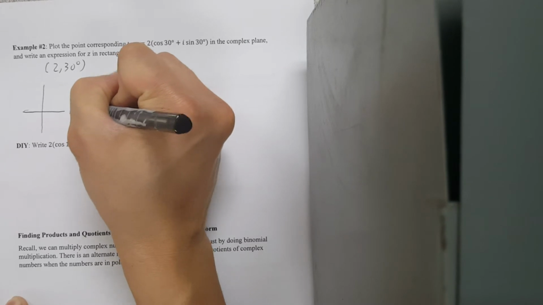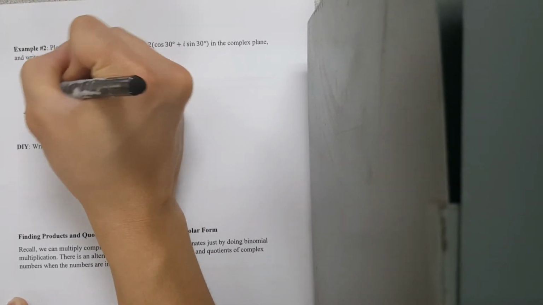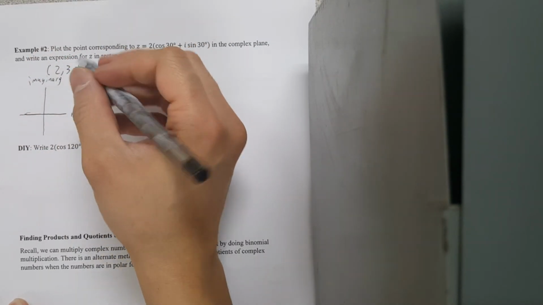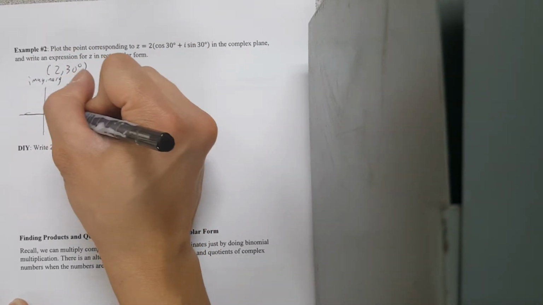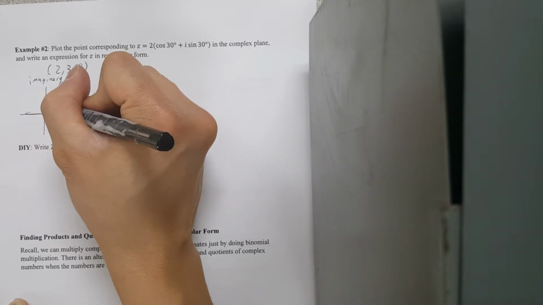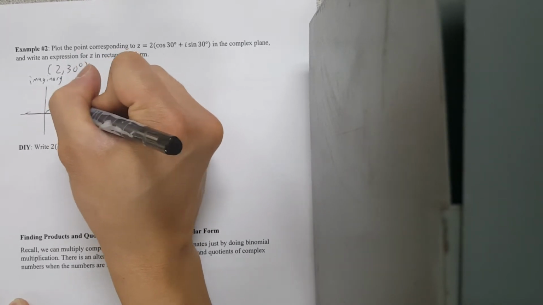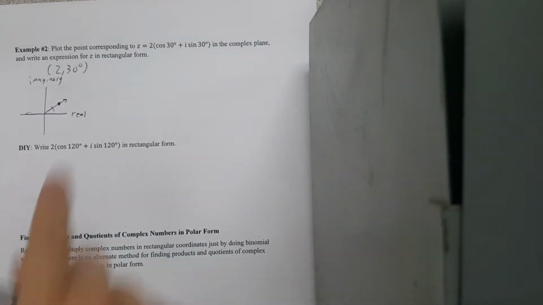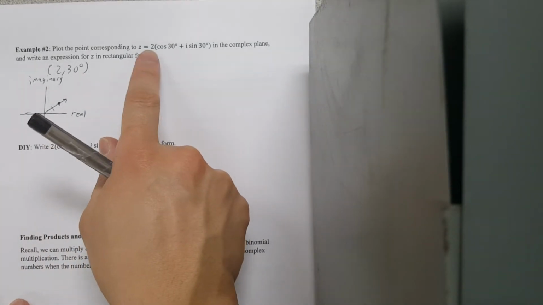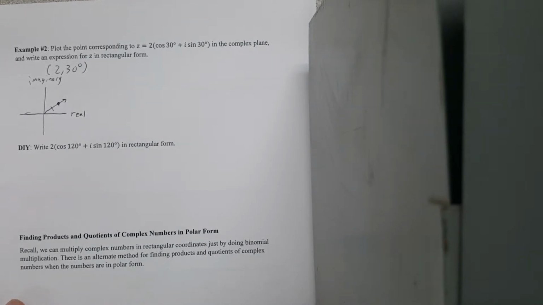We just still do the real, and we do the imaginary. And what I do is I still go ahead and just graph 30 degrees. This is around right here. And then I'm going to go ahead and mark 2 here. So 2 cosine 30 plus I sine 30, that's my r, that's my theta. So that's the point on the complex plane. We just use the polar form to graph it.